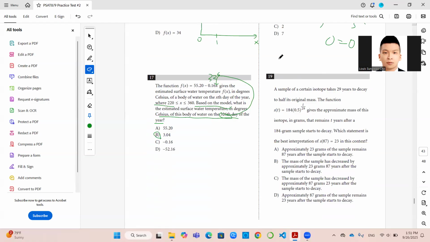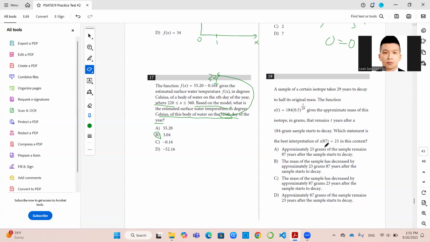A sample of a certain isotope takes 29 years to decay to half its original mass. The function S of t gives the approximate mass of this isotope in grams that remains t years after 184 grams starts to decay. Which of the statements is the best interpretation of S of 87 equals 23 in this context? So the t is the time.